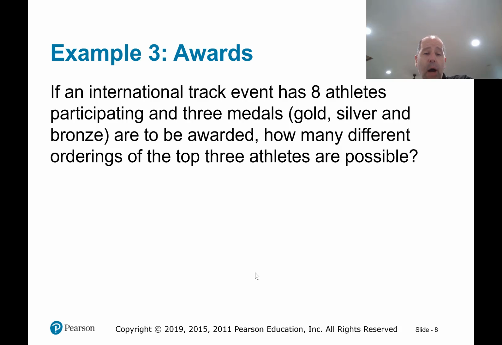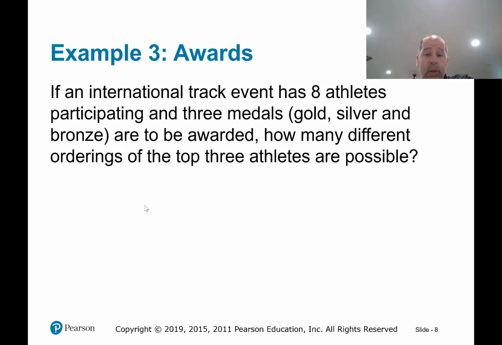Then we want to know, how many different ways can we have 3 out of the 8 athletes get gold, silver, and bronze? Again, we have 3 spots to fill, right? A spot for gold, a spot for silver, and a spot for bronze. For the spot for gold, how many athletes are possible? That's 8.